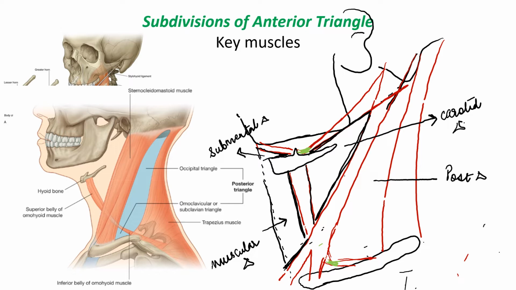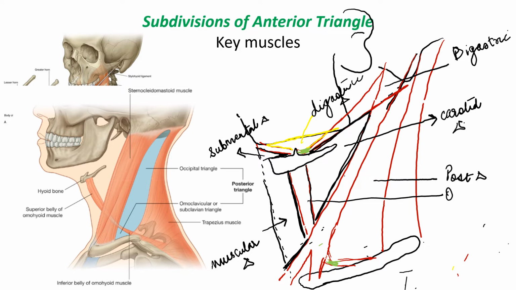And the base of the mandible, between the inferior border of the mandible, the anterior belly of digastric and the posterior belly of digastric, this area is the digastric triangle. So we have subdivided our triangles by using two important muscles, which are the digastric with its posterior belly as well as anterior belly, and the superior belly of omohyoid. The anterior triangle has further got divided into its four subparts.